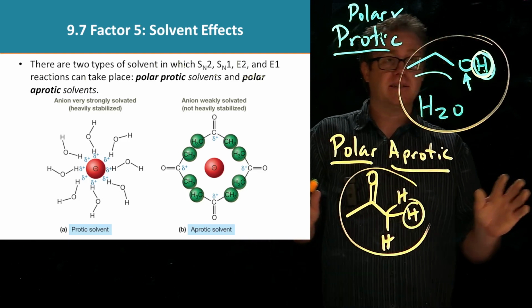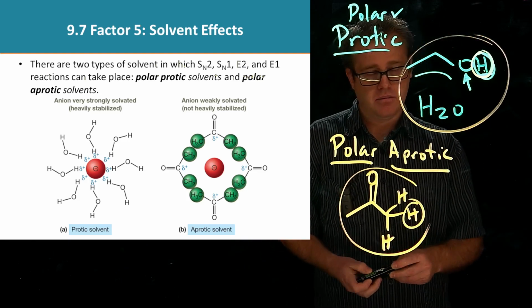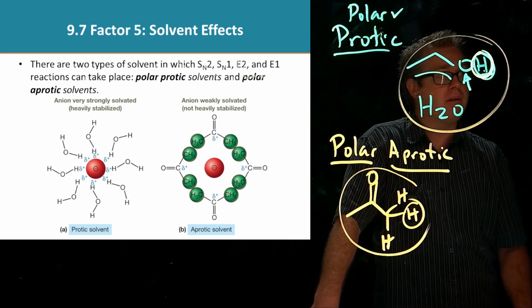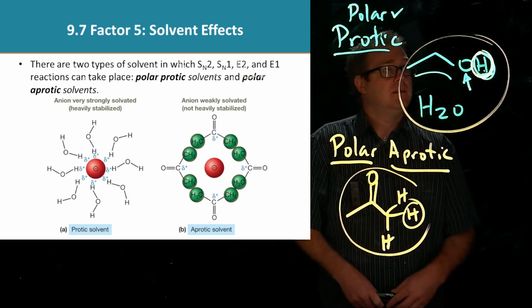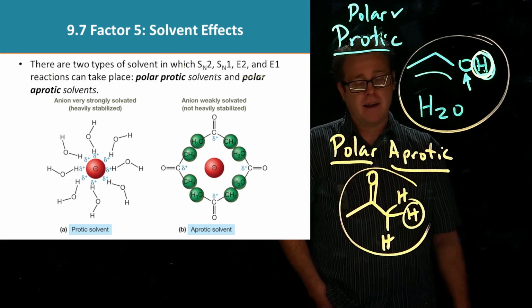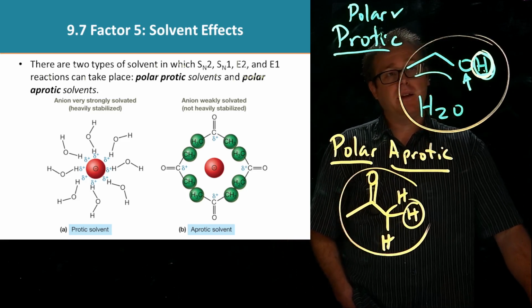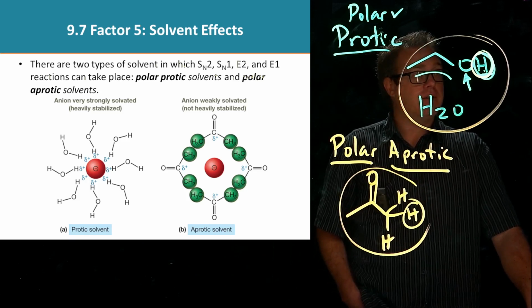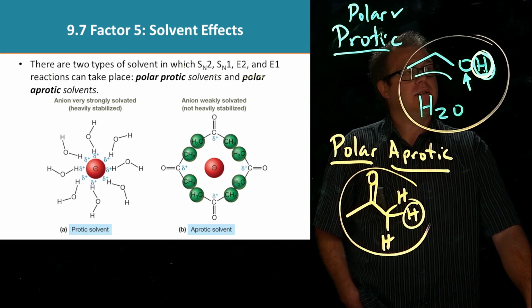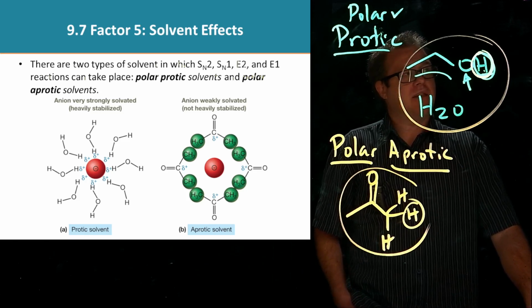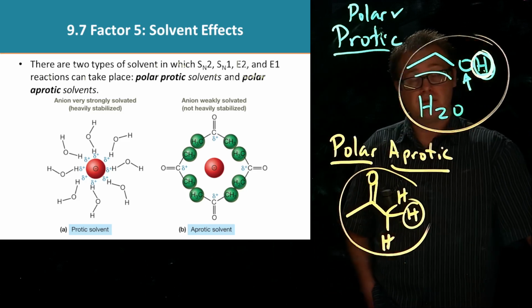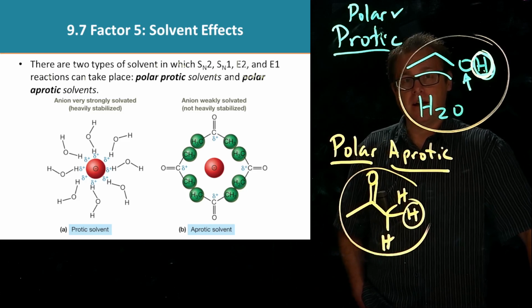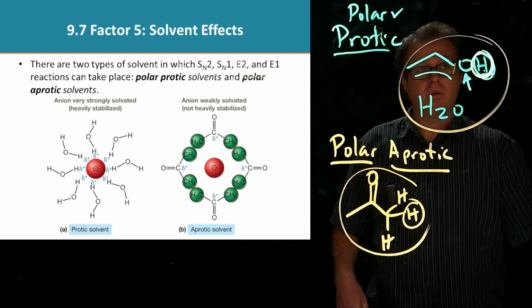And because of this difference in the ability to hydrogen bond, it affects how they interact with anions. We can see back on our PowerPoint slide that the molecule on the left with water as the polar protic solvent can get really, really close to that anion, and it can hydrogen bond. You can see that those partially positive hydrogens on the water, and why are they partially positive? Because of the electronegativity and the polar molecule.